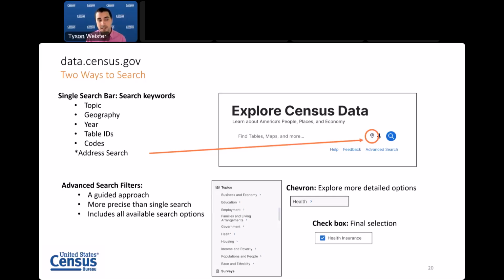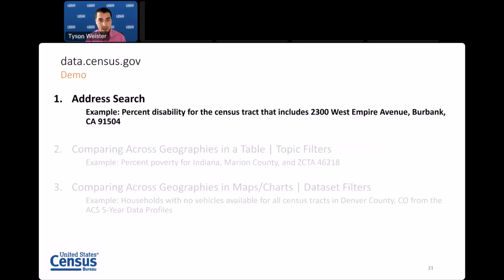So we're going to focus on the address search functionality, and then I'm going to use advanced search filters. So throughout this demonstration, we're going to start very basic and build on that to show you additional search strategies and ways of consuming data, both through table format and visual formats as well.